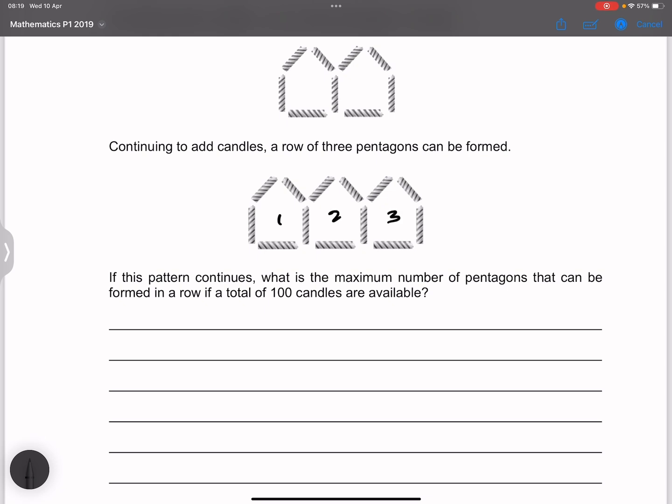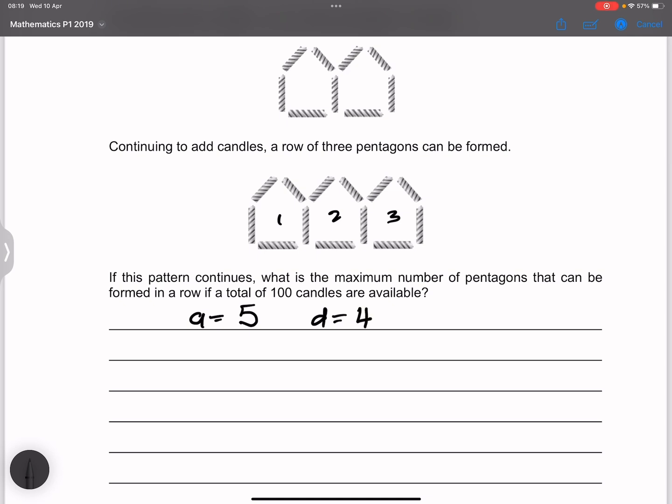So we want to know how many terms we can create if we've got 100 candles. The pattern is made out of candles. So our a value is 5. We started with 5 candles, and every time to make another term, we are adding 4 candles.